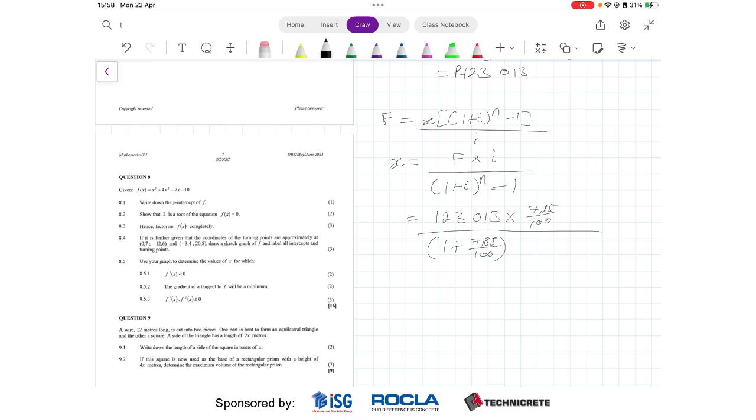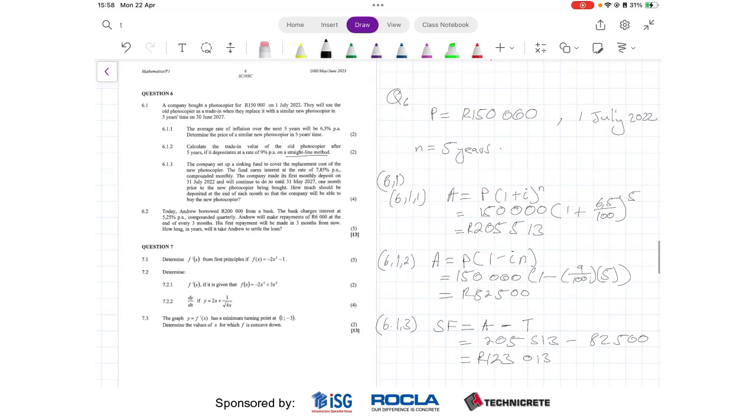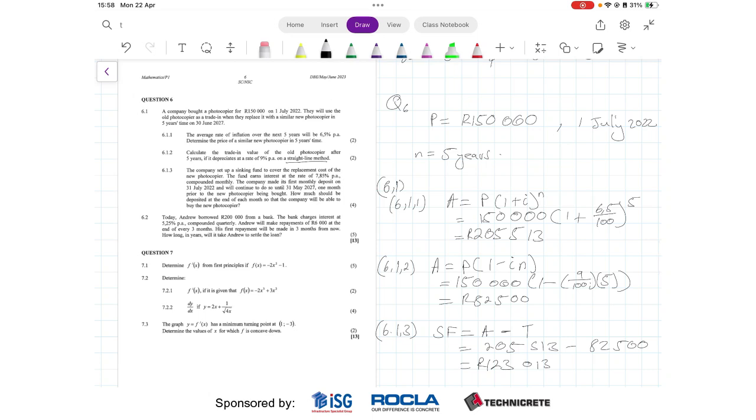Now, when you look at it, between the 31st of May 2027 and the 31st of July 2022, there are exactly 59 months.